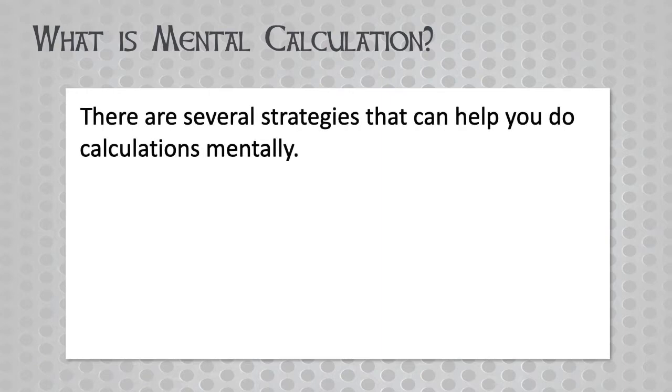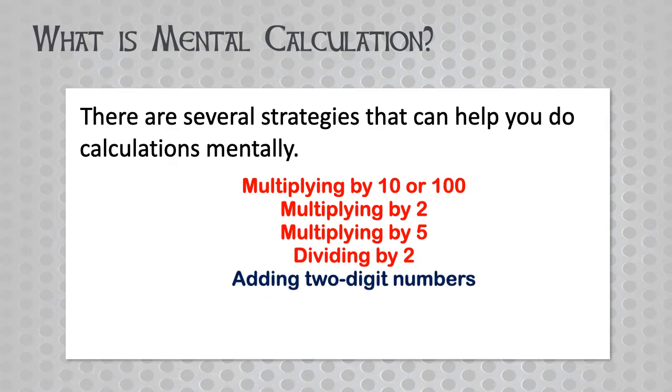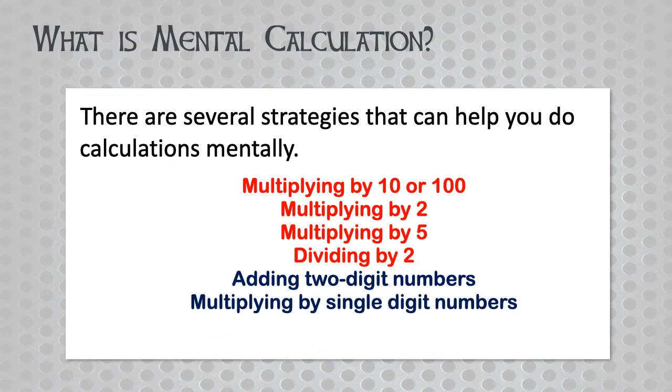We looked at multiplying by 10 or 100, multiplying by 2, multiplying by 5, dividing by 2. Today, we'll focus on adding two-digit numbers, multiplying by single-digit numbers, and subtracting two-digit numbers.